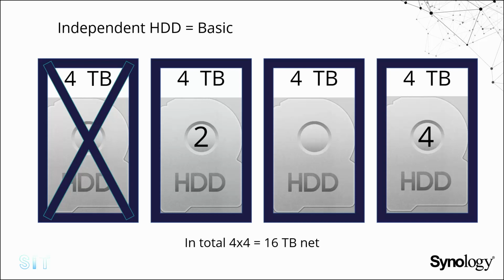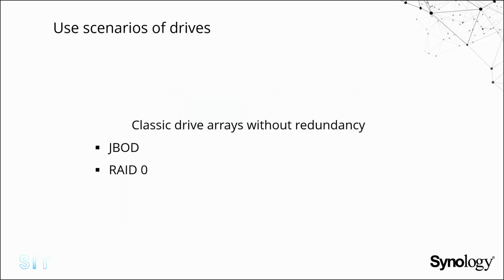Composite without failure protection. In addition to using single HDDs, we can also use a hard disk array, as already mentioned. Here, Synology offers 2 arrays that do not have any failure protection but offer full storage capacity.